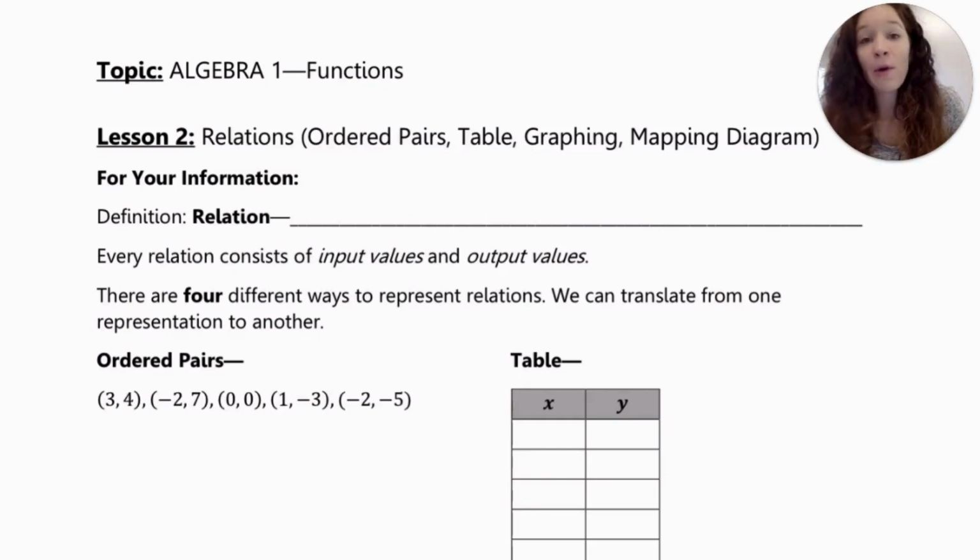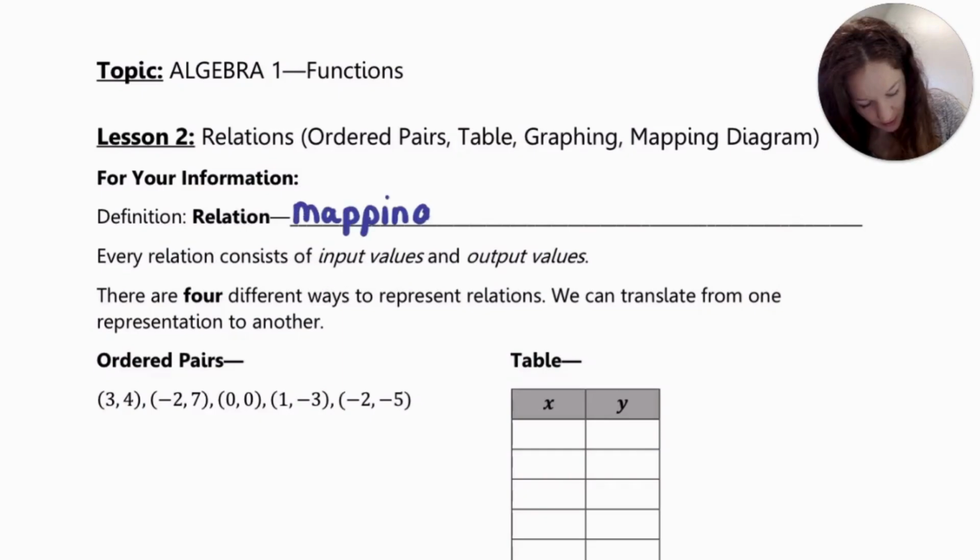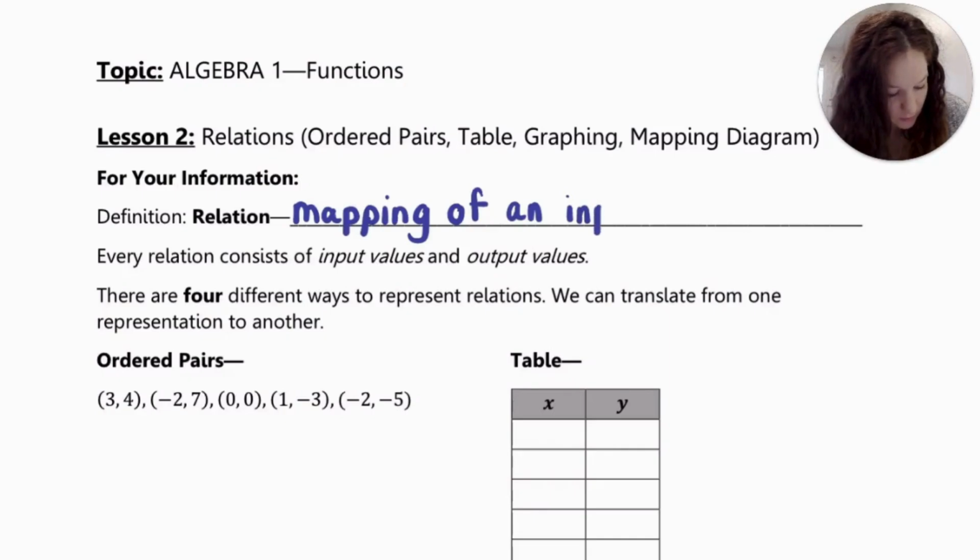Often we talk about X being our input to our output, Y, and it's some way that they're connected. So that's what I'm going to write here, that a relation, it's a mapping of an input to an output.